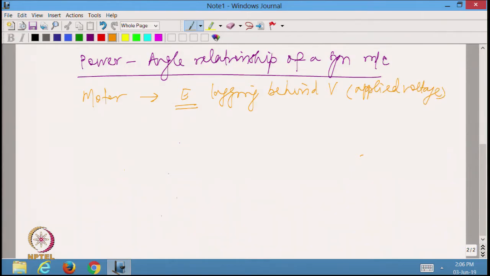Whereas, if we are looking at a generator, we are going to have E leading, because this is the induced EMF which is the root cause for any voltage that is appearing at the terminal. So, this will be leading whatever is the terminal voltage. This is the terminal voltage V.